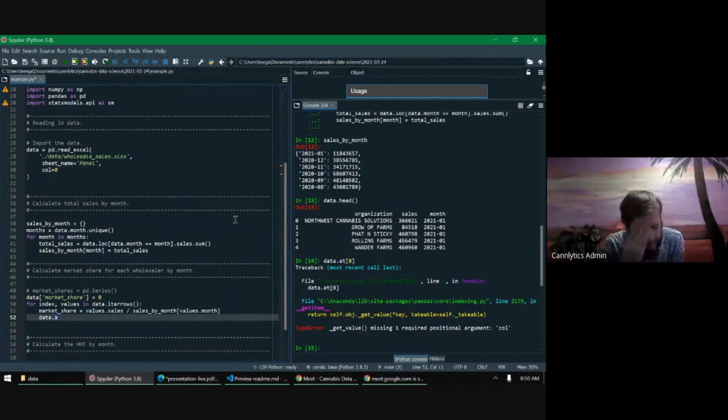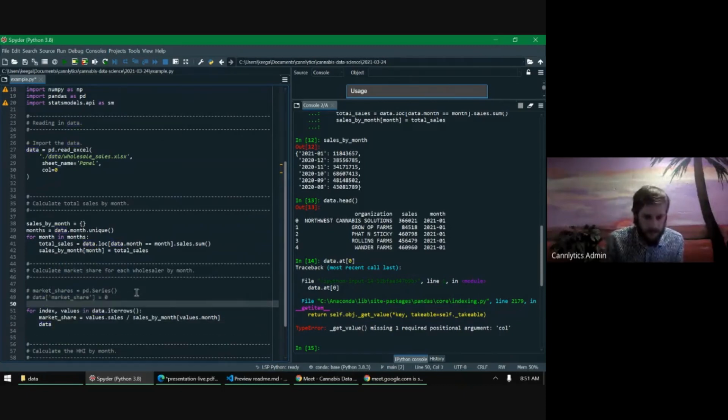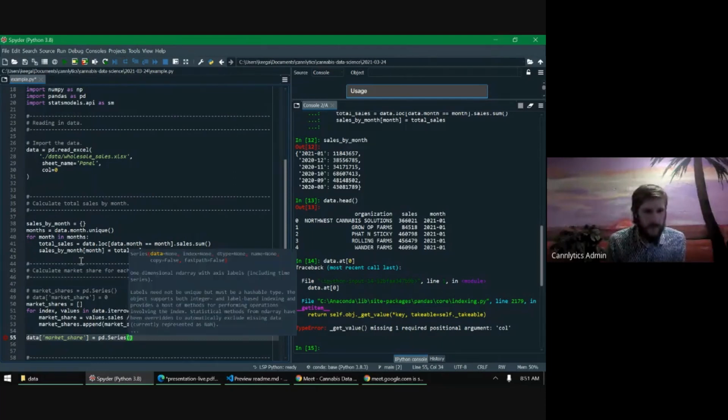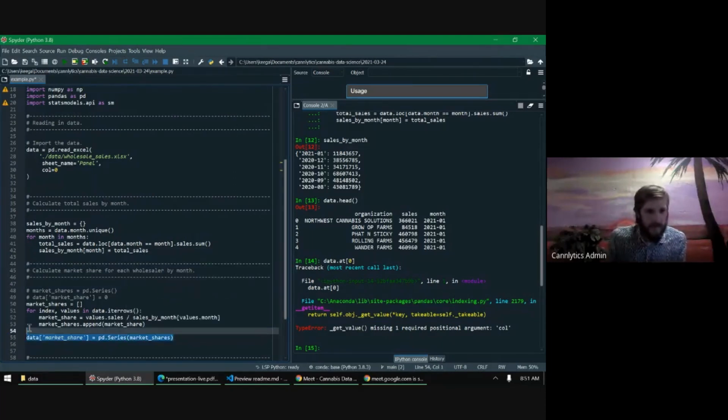All right, I'm having a mind space of how to assign a value to, okay, let's see.